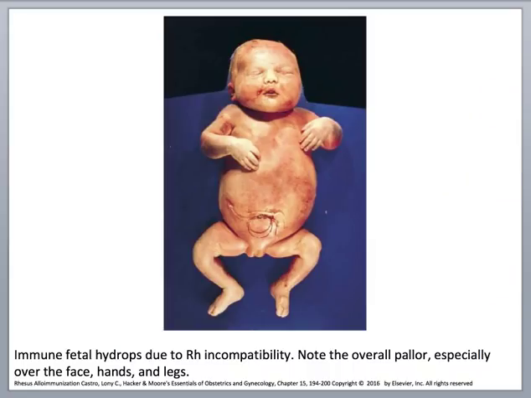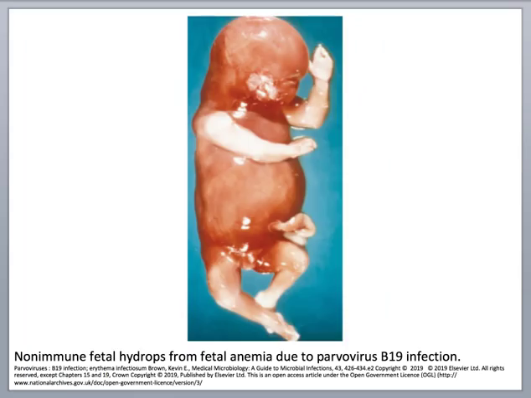This is an example of immune fetal hydrops due to Rh incompatibility. Note the overall pallor, especially over the face, hands, and legs. This image shows a similar type of morphology, but from a different cause, non-immune fetal hydrops due to fetal anemia from parvovirus B19 infection.